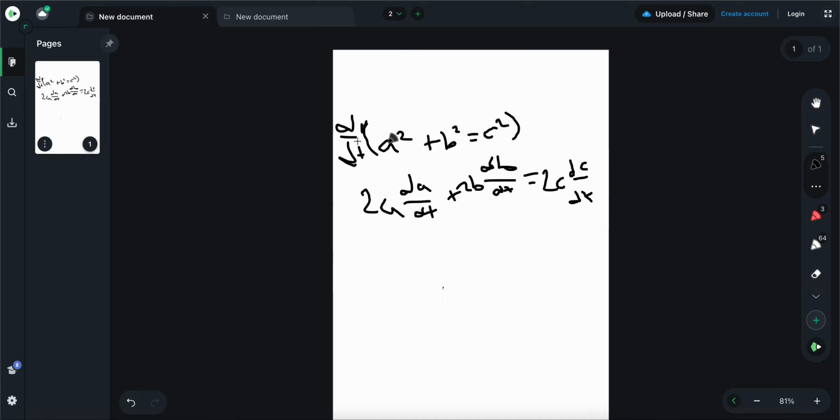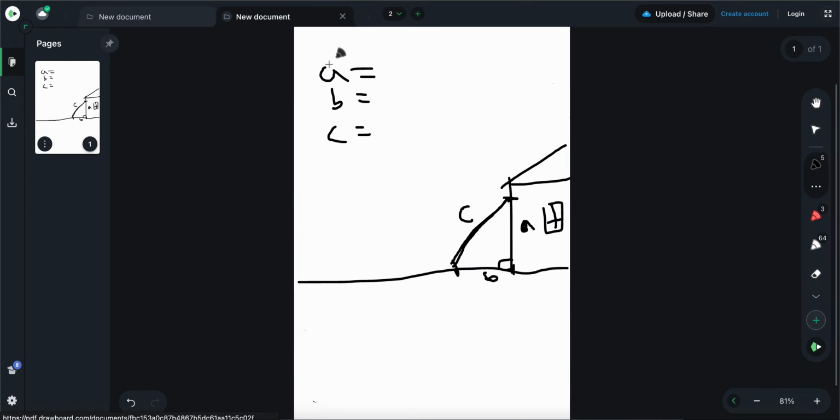And just to keep track, I'm going to add those three variables, dA, dB, and dC.